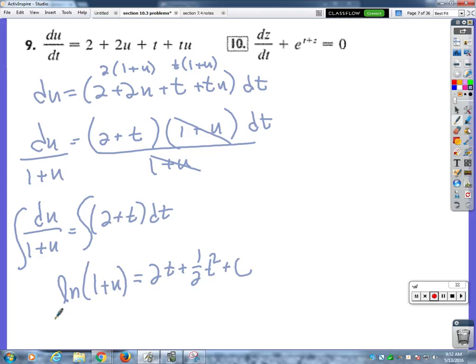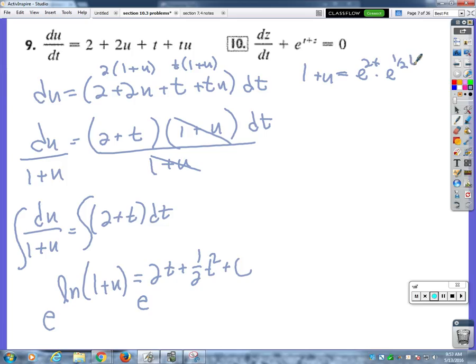Now I am going to e both sides like we have done before. So the e and the natural log, of course, cancel. So I get 1 plus u equals, and then this I'm going to write as 3 separate things being multiplied together. So I'm going to make it e to the 2t times e to the 1/2 t squared. There's that bad 1/2 again.